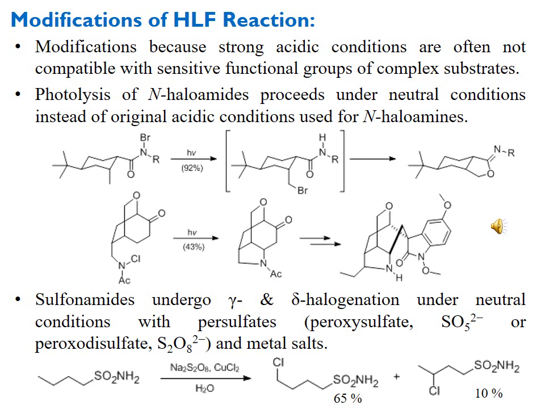So the first modification was the photolysis of N-haloamides, that is, instead of N-haloamines, N-haloamides were used as the substrates, and these proceed through neutral conditions instead of the original acidic conditions which were used for the N-haloamines. Here you can see the reaction.